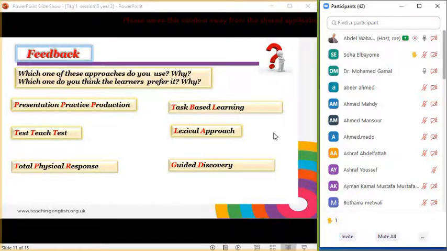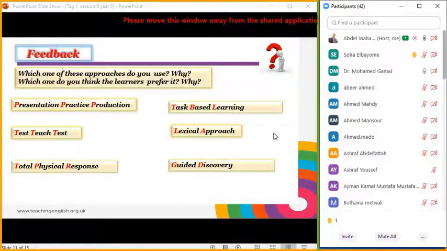Your voice is not clear. Which approach do you prefer? Go on, Dr. Muhammad. We hear you. Guided discovery approach. You can use guided discovery and you prefer it.